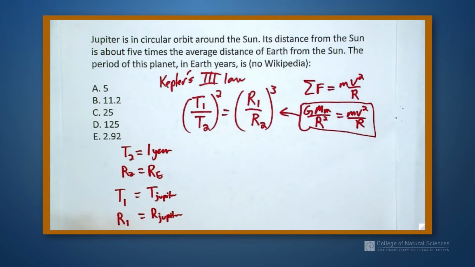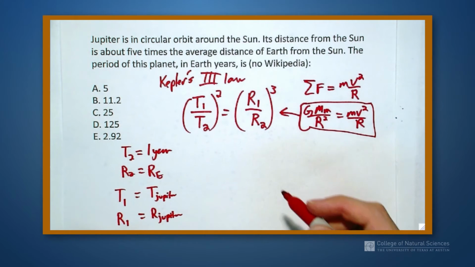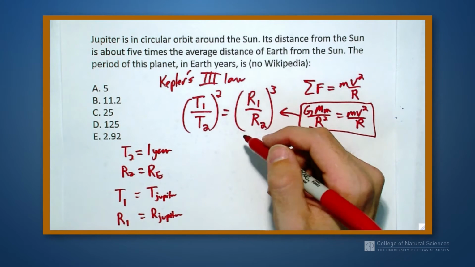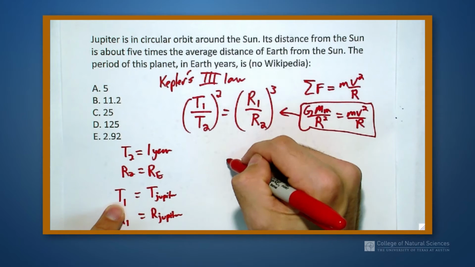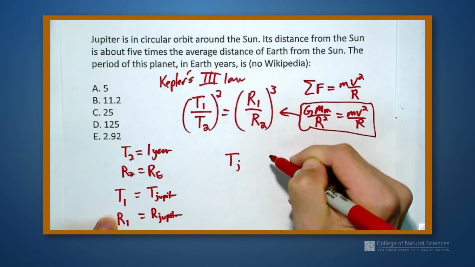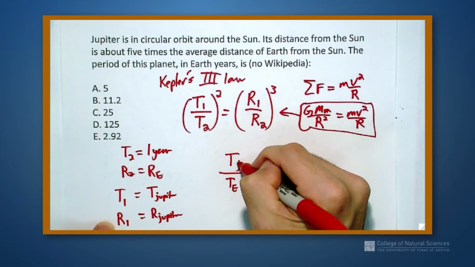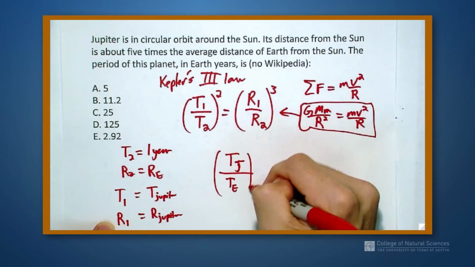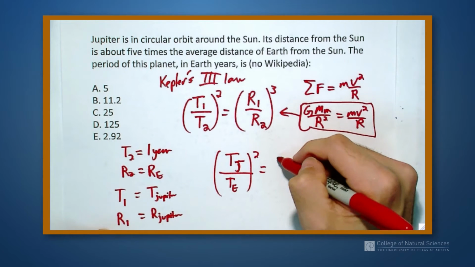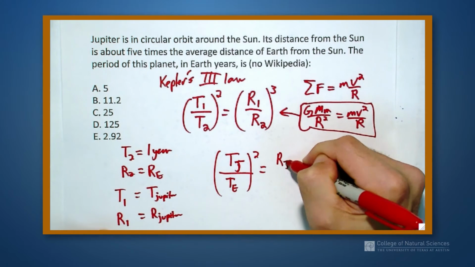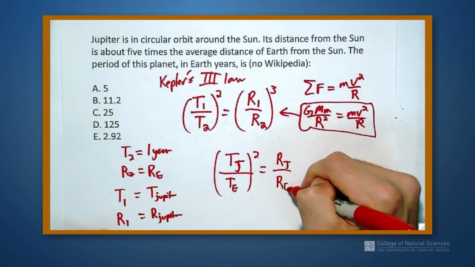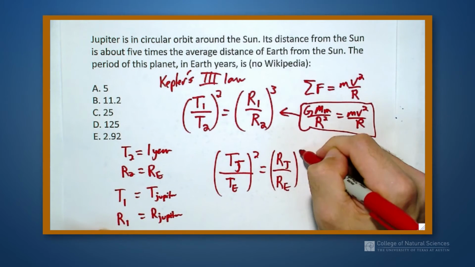So all I have to do is plug in these values, and I'm going to come up with my values. So I know that T Jupiter over T Earth, squared, is equal to the radius of Jupiter over the radius of the Earth, cubed.